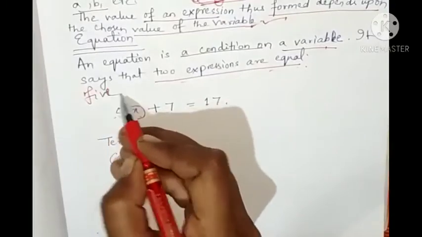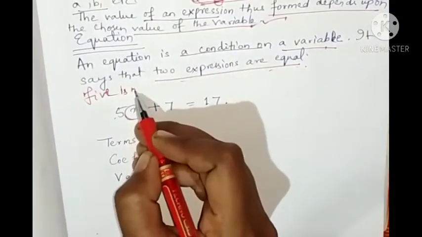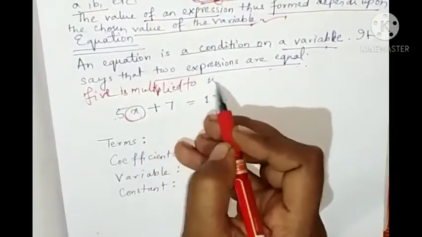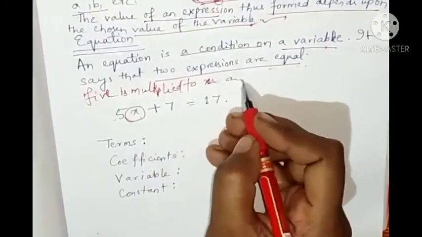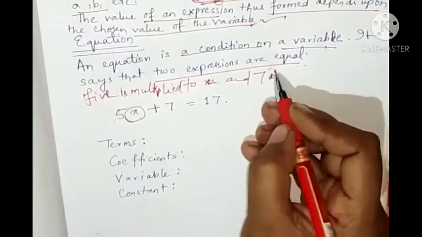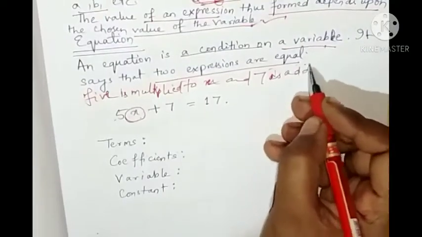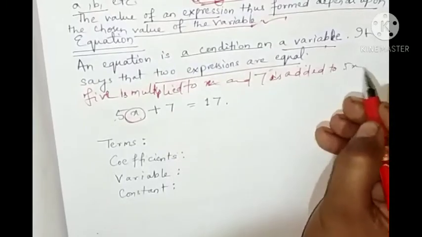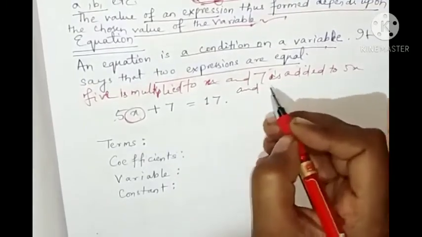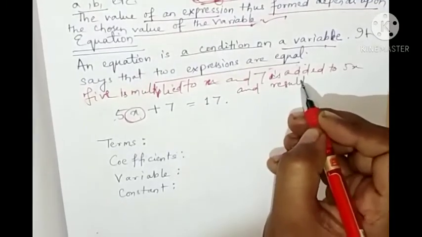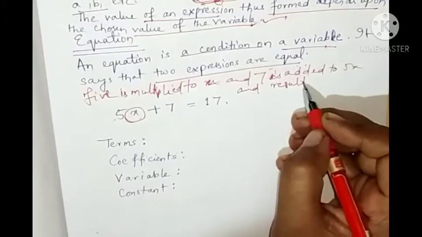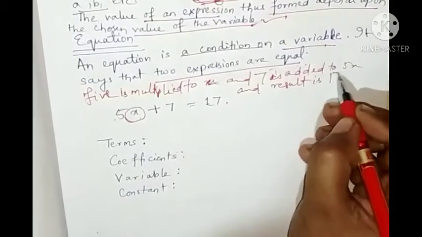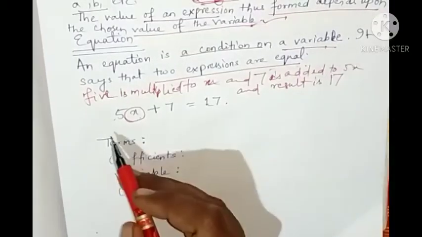Here 5 is multiplied to x and 7 is added to 5x and the result is 17.